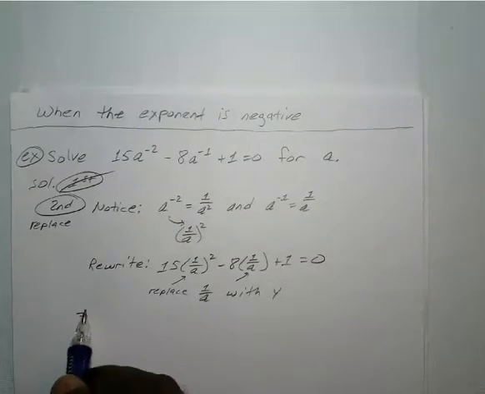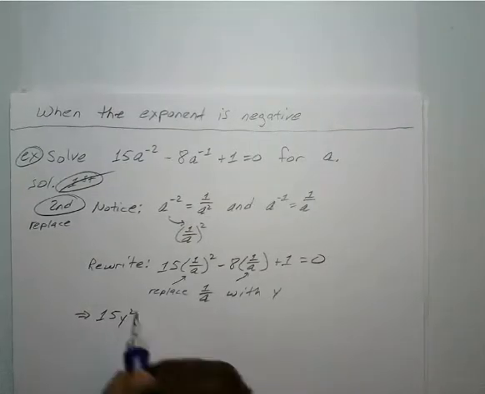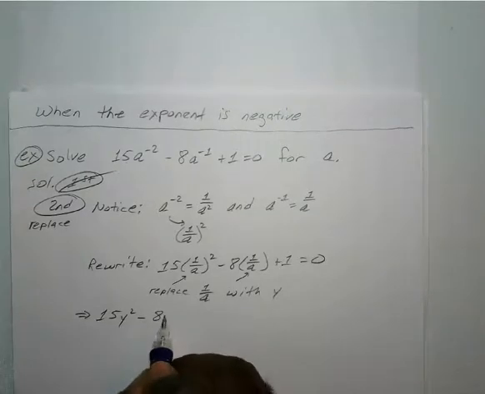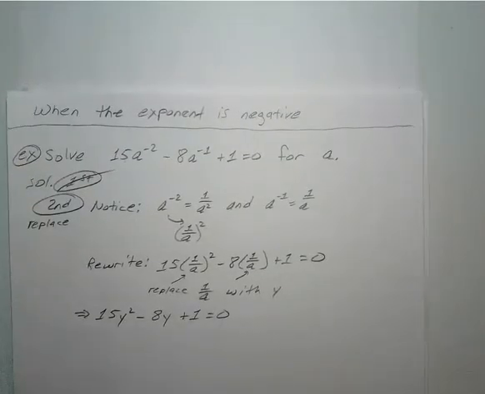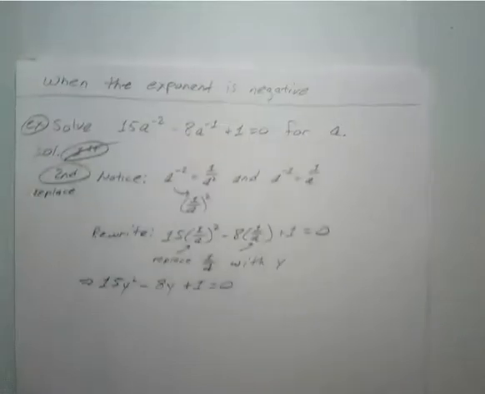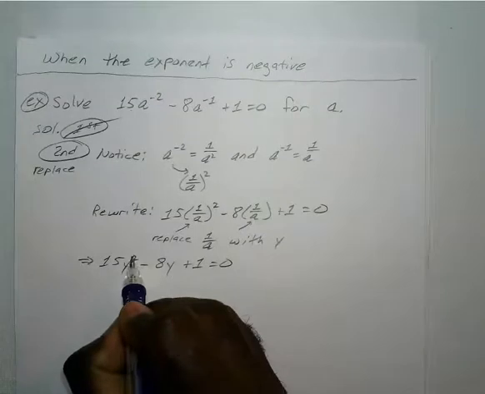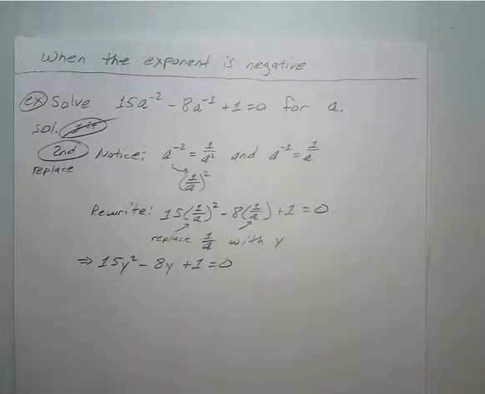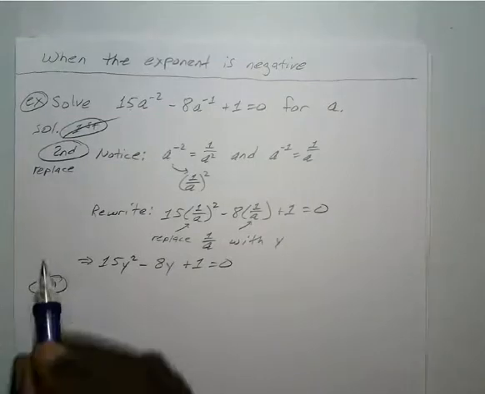That gives us 15y squared minus 8y plus 1 equals 0. Let me straighten up that 2 a little bit. There we go. Which brings us to our third step, where we can factor.